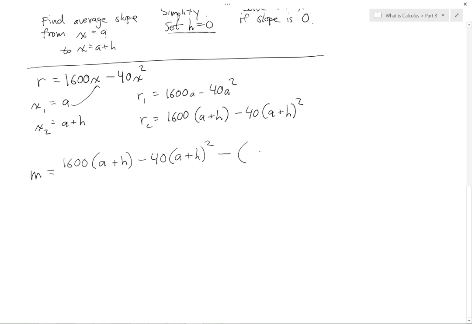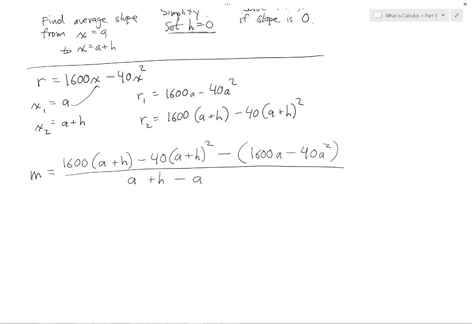And then we can subtract the R1, that's 1600A minus 40A squared. And then I have the x2 minus x1. Well, that's just simply A plus H minus A, so that's going to cancel out to H.